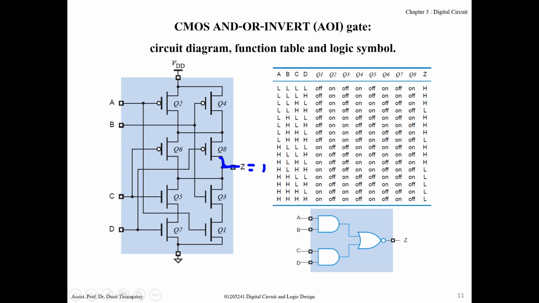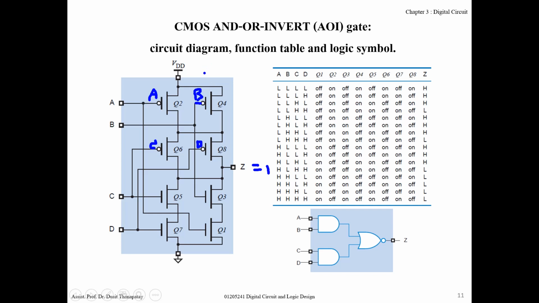That means there is some path that connects to plus VDD. Let me write the control signals near the gate terminals of the transistors A, B, C, D. So the output will be 1 when A is parallel to B, and C parallel to D.